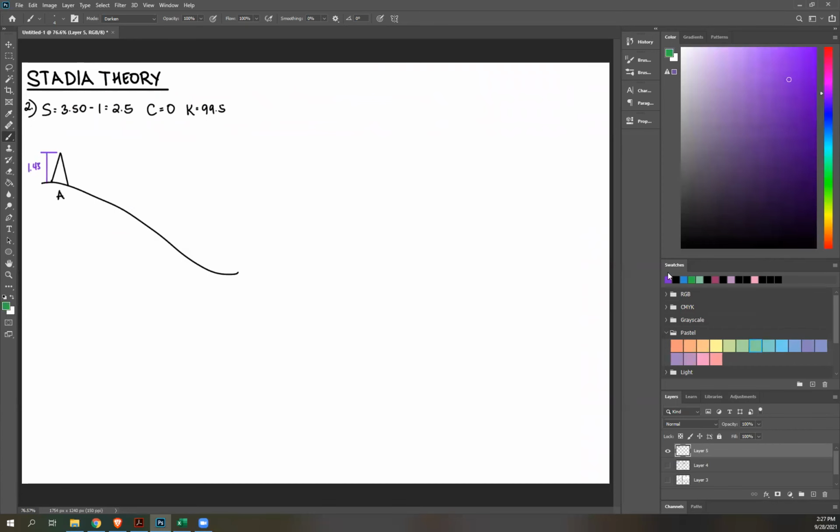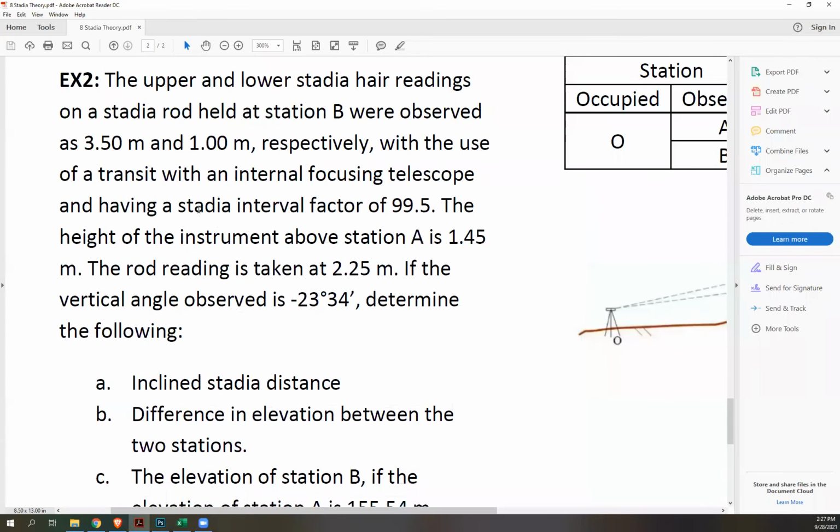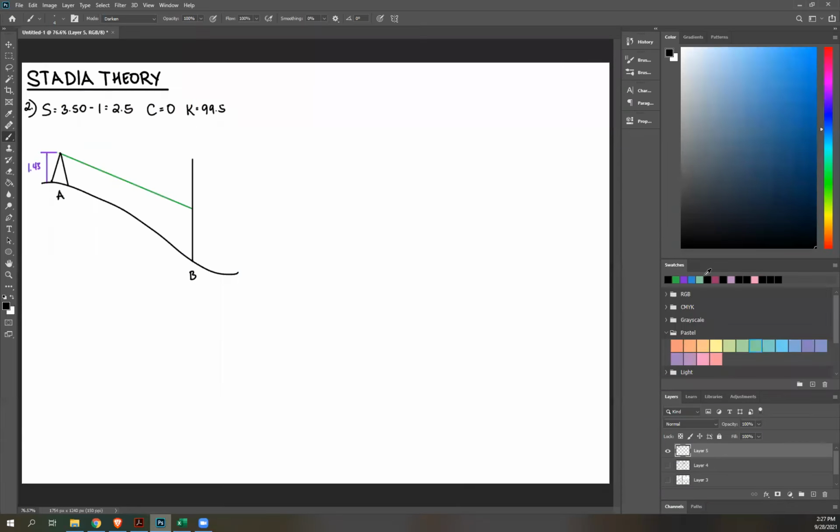So that means our instrument is inclined downward. Like that. And then this is where our rod is. This is your B. And that reading is 2.25 meters.